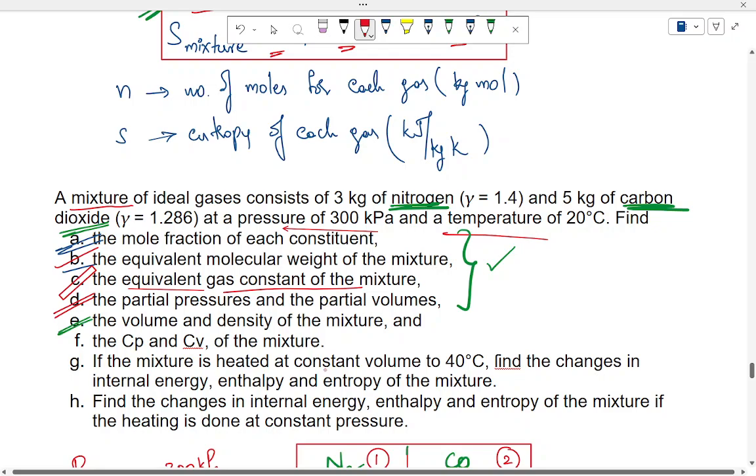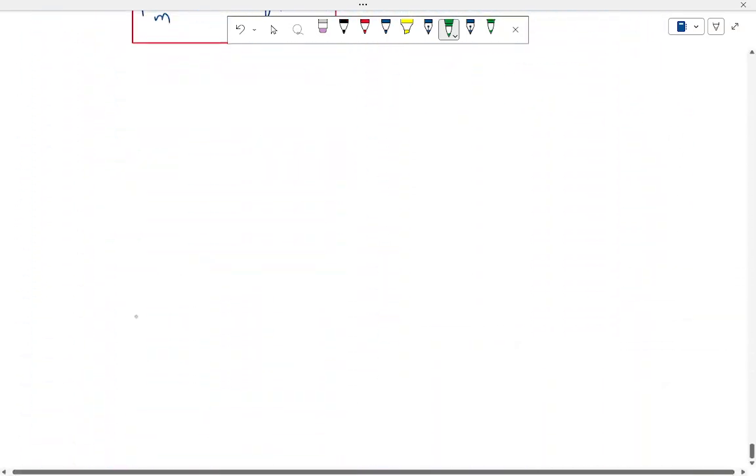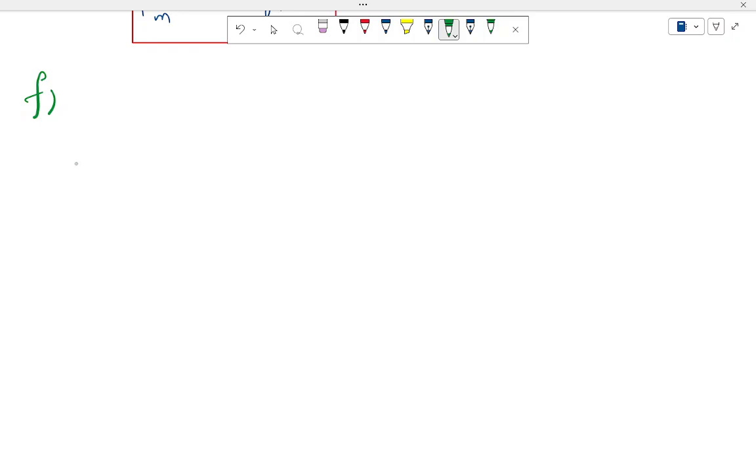Now let us go to the question F. In the question F, he's asking you to find the Cp of the mixture and the Cv of the mixture.